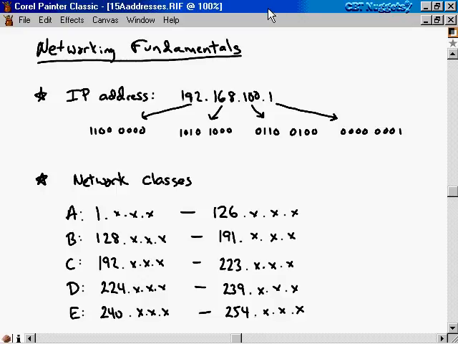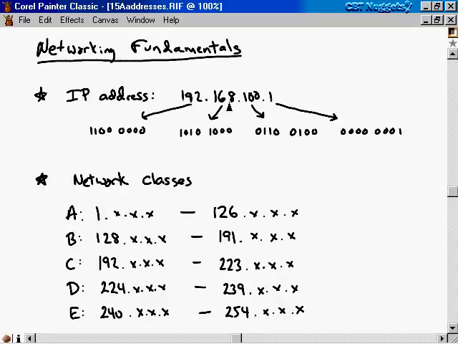Well, let's start a discussion of networking fundamentals by talking about IP addresses. An IP address is how we distinguish all the different computers on the internet. That's sort of the unique address for all the different computers that are on the internet. Now, an IP address is composed of 4 numbers, and these 4 numbers are sometimes called octets.